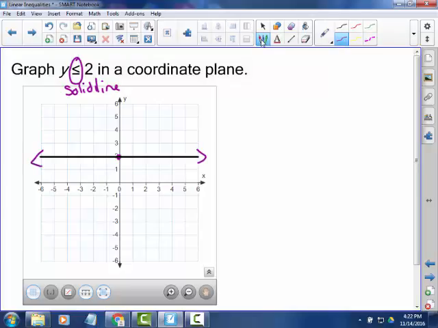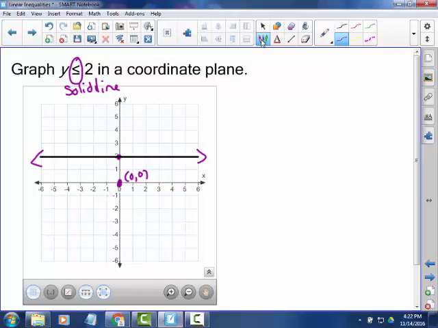Okay, now then, it said to test a point not on the line. So 0, 0 is not on the line. Would you agree? I hope so. So here's 0, 0. So that means x is 0 and y is 0 on that point.